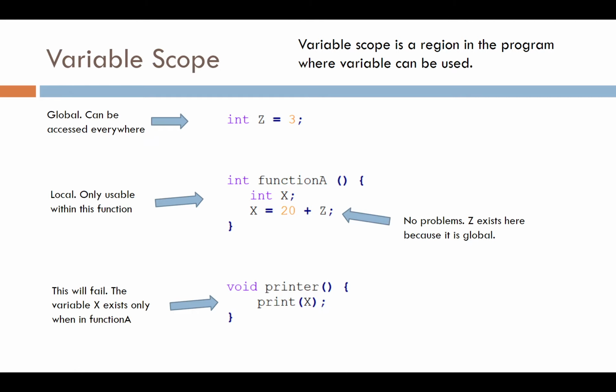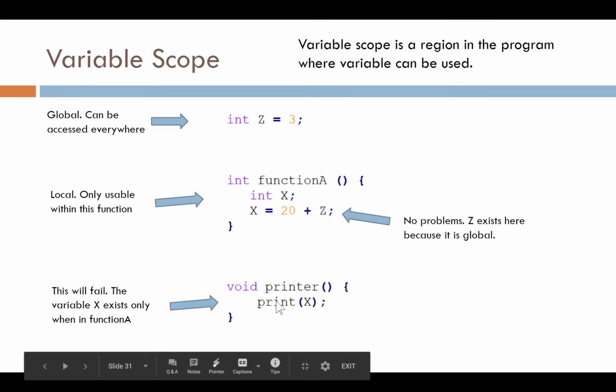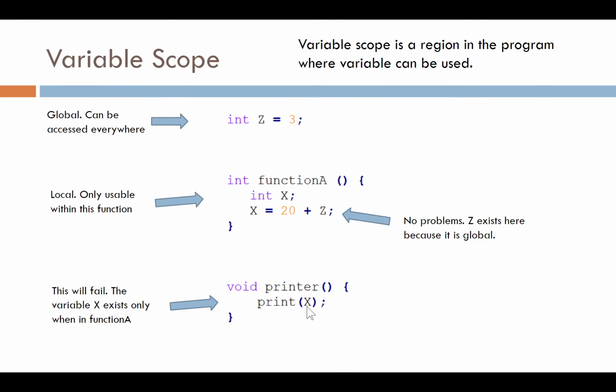So that's a code block, and the X can be seen only inside of this code block, which means that, for example, on printer function, if you try to print X, it doesn't show up. And that actually fails already on the compiler level. So that's about the variable scope. The upper level shows up on the lower one, but not the other way around.